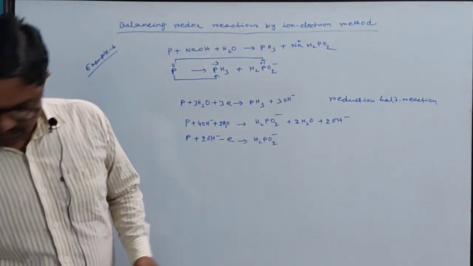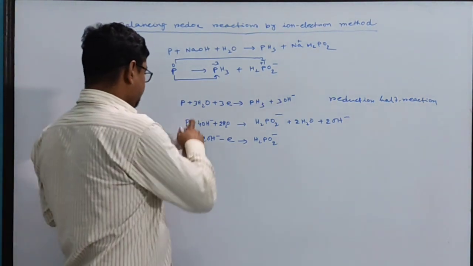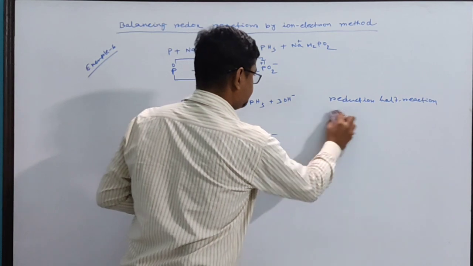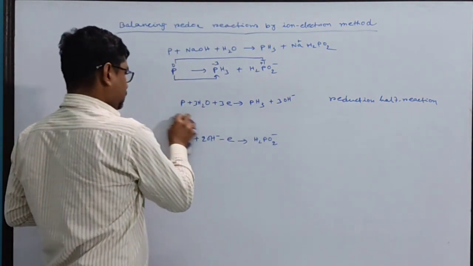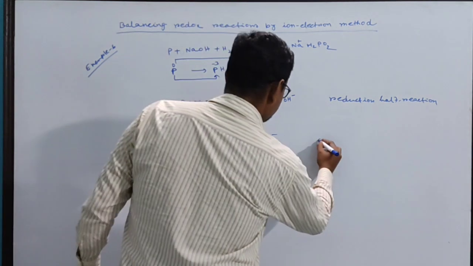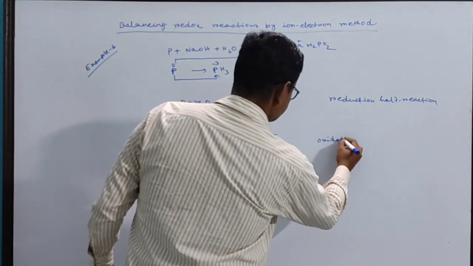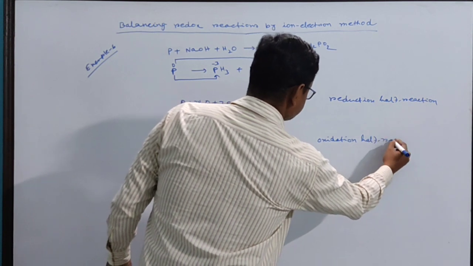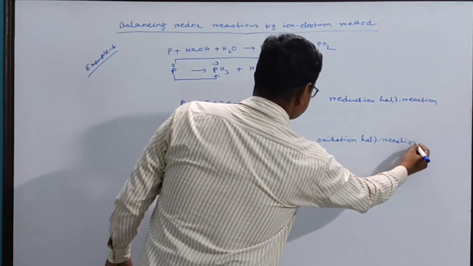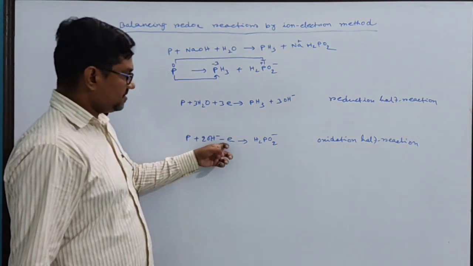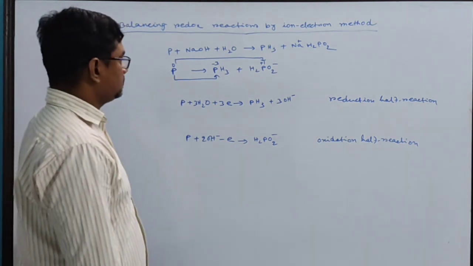Let's wipe out the in between what we did for the balancing. This is not required now. Okay, so it will be the oxidation half reaction, because electrons are subtracted at the left hand side.